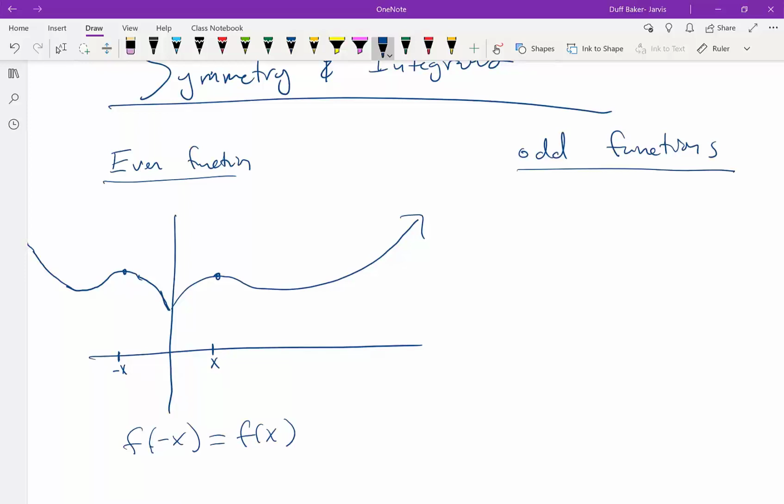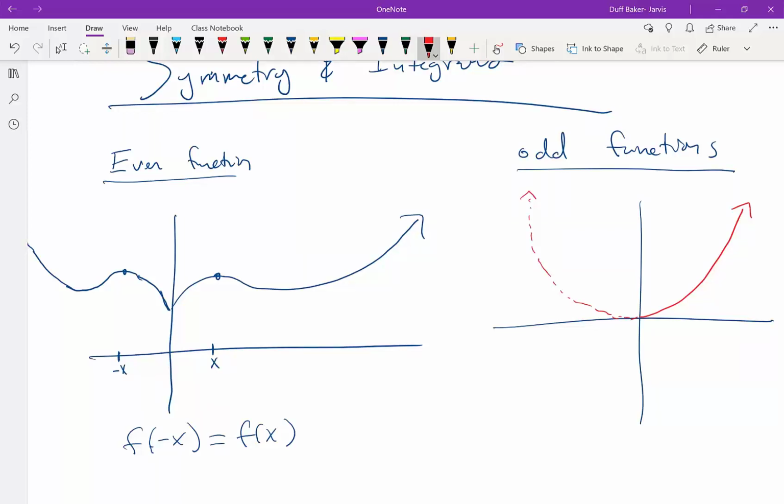For an odd function, on the other hand, if the function does something on the right-hand side, and you were to reflect it across the x-axis, that would be the even part.